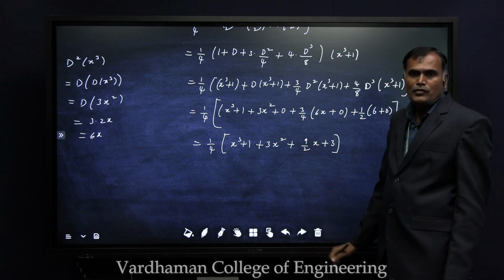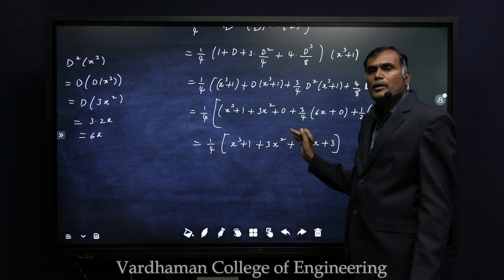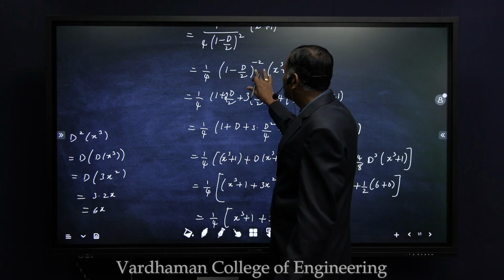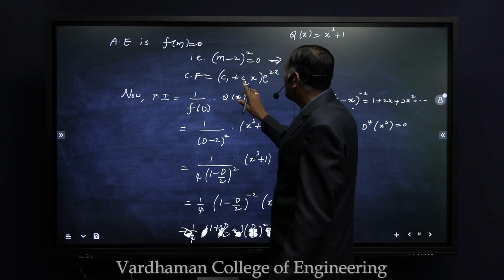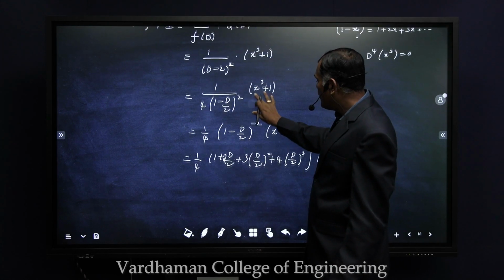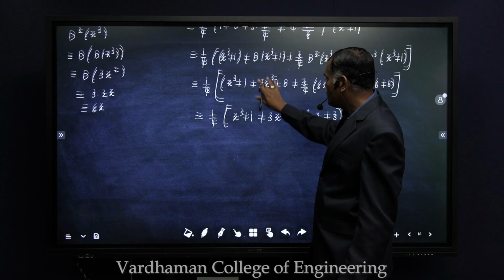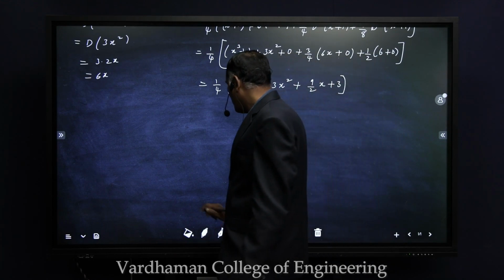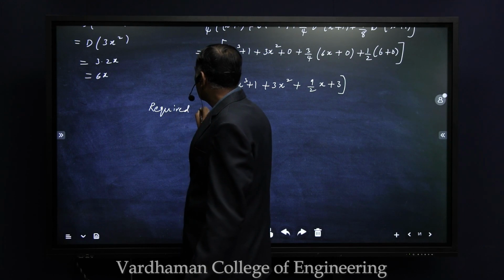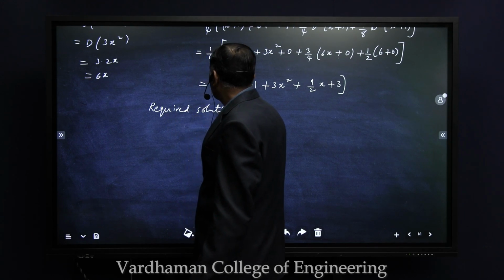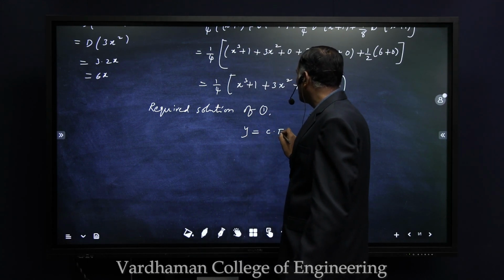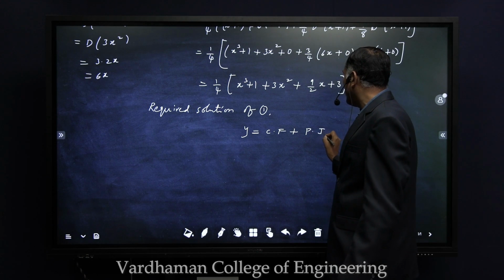Now the required solution is given by the complementary function plus the particular integral. What is the complementary function in this case? The complementary function is (c1 plus c2 x) e power 2x. So the required general solution of the problem is given by the complementary function plus the particular integral.